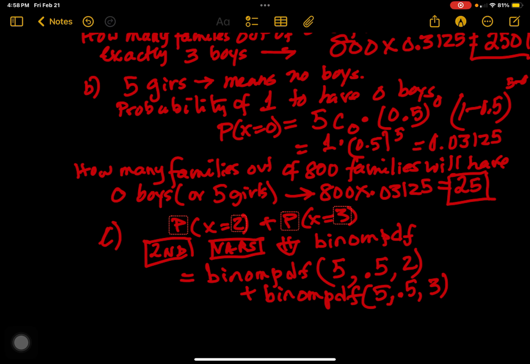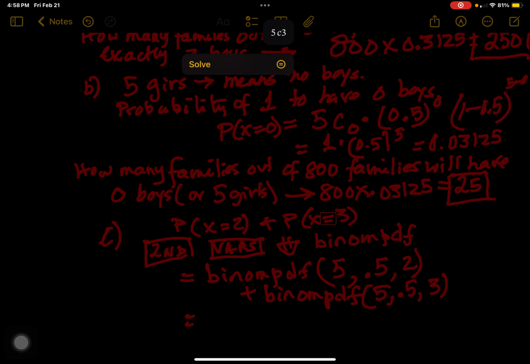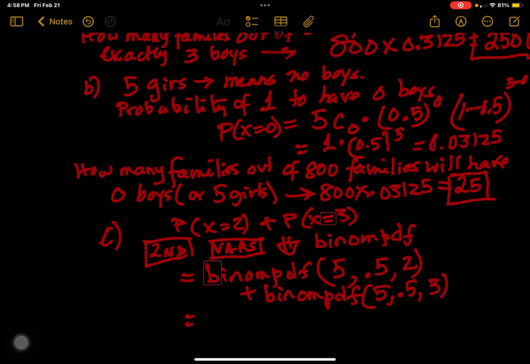Okay, so you're going to add them up. So again, second button, then VARS, then I'm scrolling down with the down arrow key to binom PDF and hit enter. Number of trials is 5, that is sample size, or number of trials. Probability of success is 0.5. X value initially is 2. Paste and hit enter after paste only once.